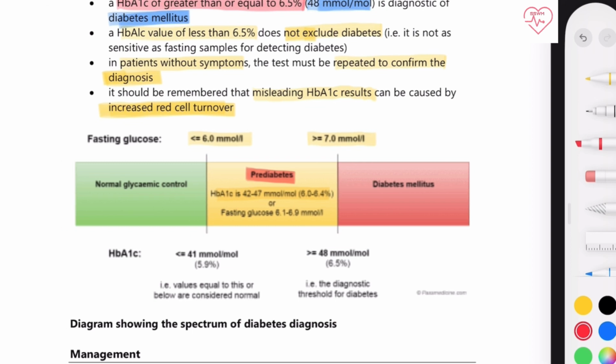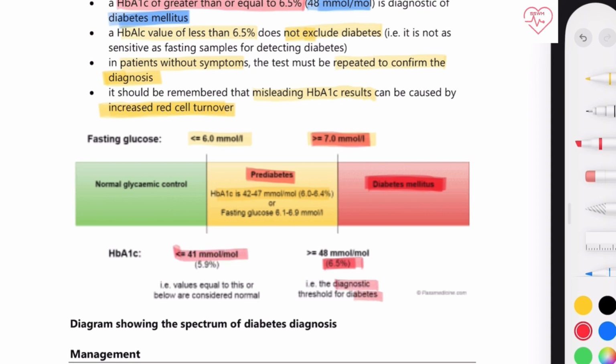And if it is greater than 7.0 millimole, that is diabetes mellitus. Exactly. If it is greater than that, that is diabetes mellitus. But greater than 6.5 is the diagnostic threshold for diabetes.